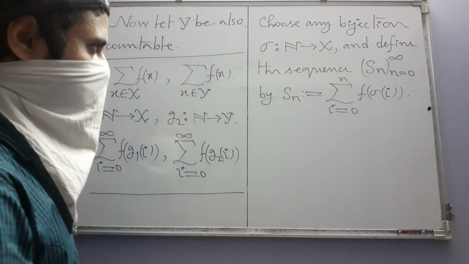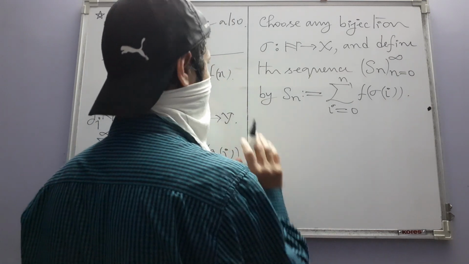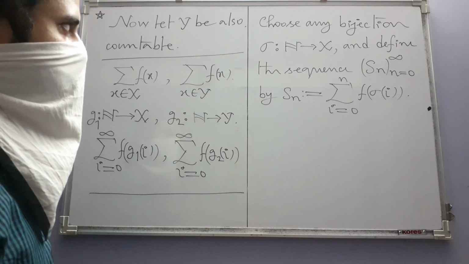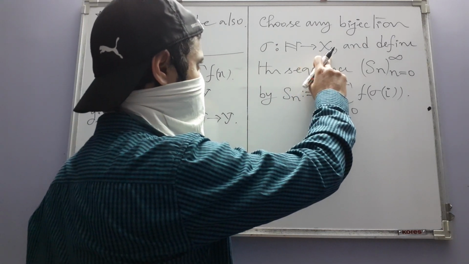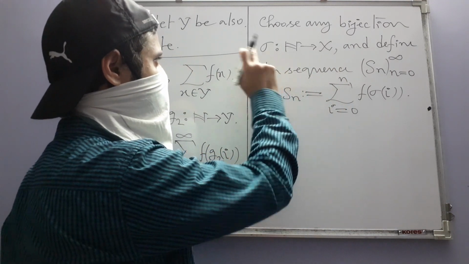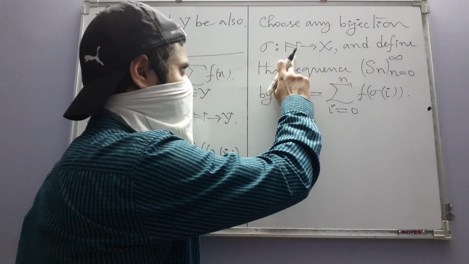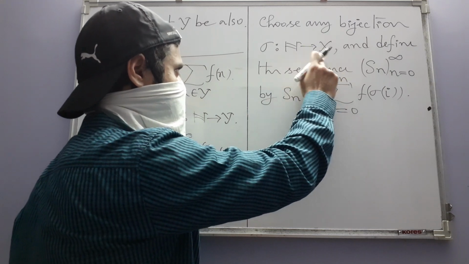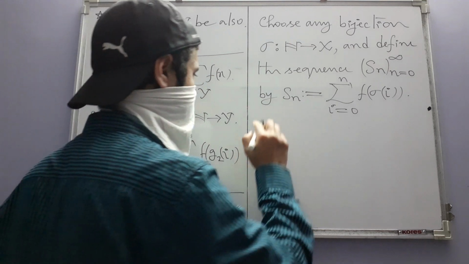Okay, but now note one thing, that Y is a subset of X. So because Y is a subset of X, it makes sense to consider the inverse image of Y under sigma, which will itself be a subset of N, because Y lies inside of X. So sigma inverse of Y will be a subset of the set of natural numbers.